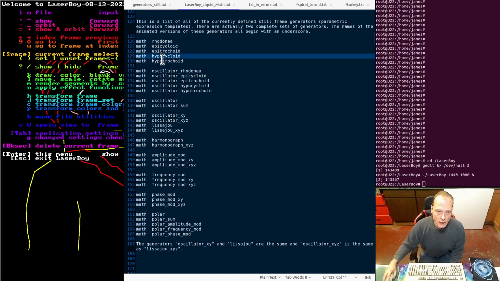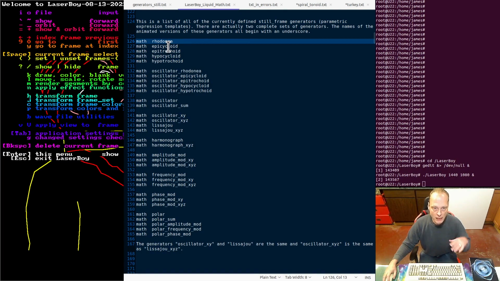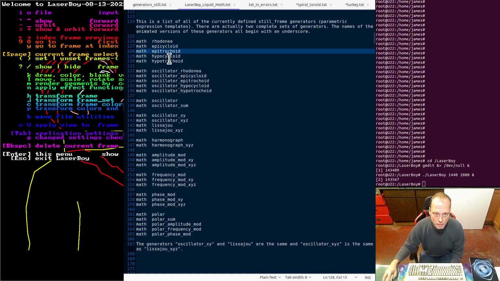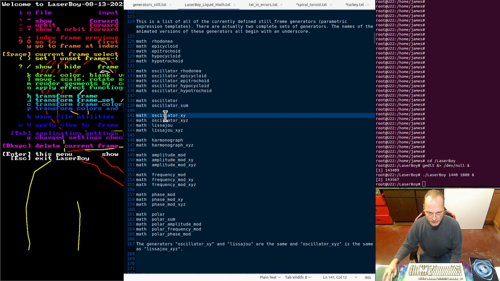These don't use any LBOs at all. These use either simply ratios like a numerator and denominator, or they'll use circular radii to define the size of the gears in spirograph and where the pen goes pertaining to the center of each gear in spirograph. That's what these do. And then we have all of these things that use LaserBoy oscillators.